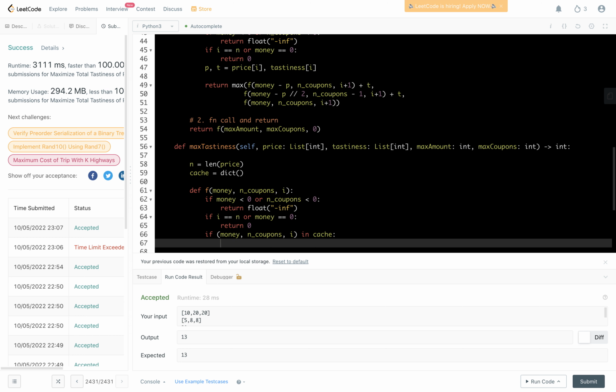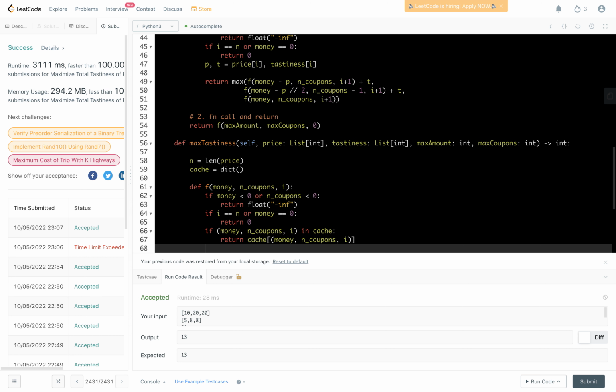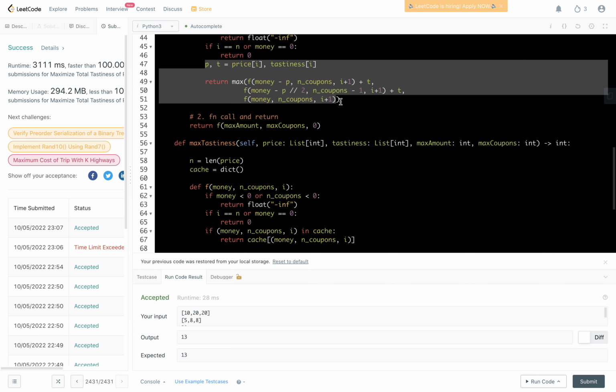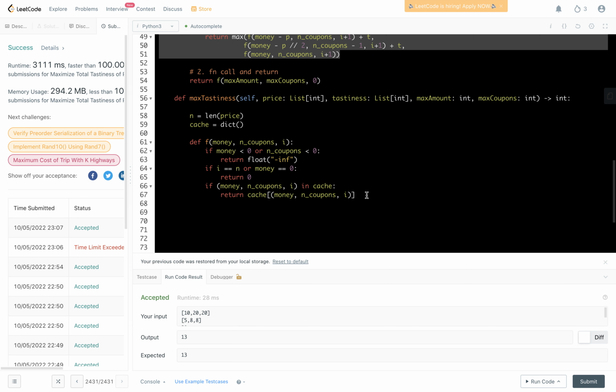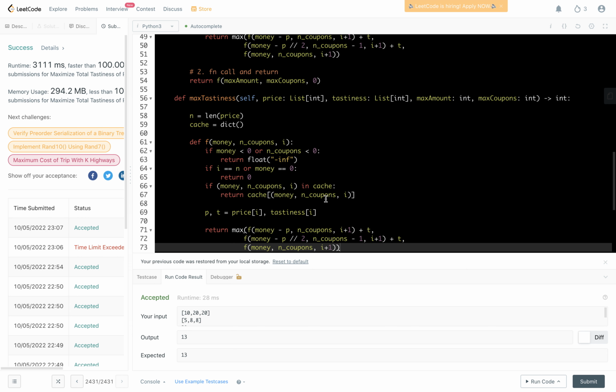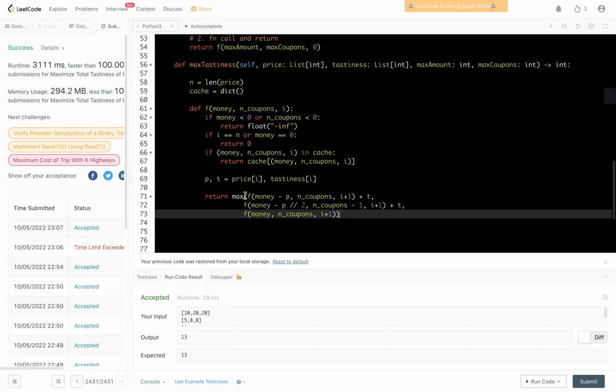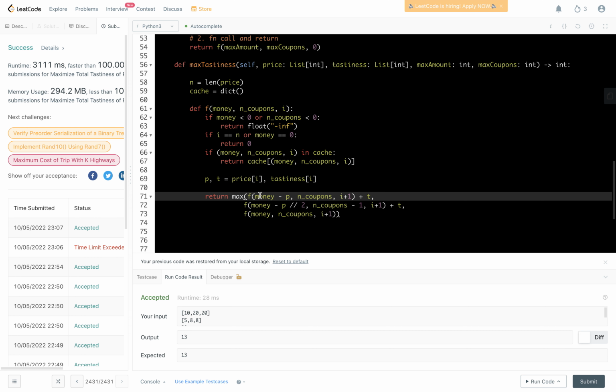Another case is if the money, coupons, and i are in the cache. In other words, using cache language, this is a hash hit, so we're going to return the cache value with this key, right? Let's copy this one. Otherwise, we consider the case here. So let me copy this part.